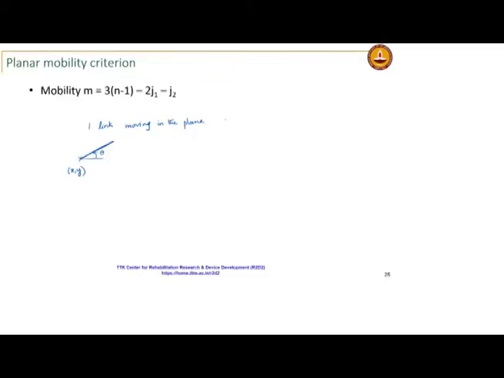One link moving in the plane has 3 degrees of freedom. Before I make the chain, if I take n links moving independently in the plane, I will have 3n degrees of freedom.